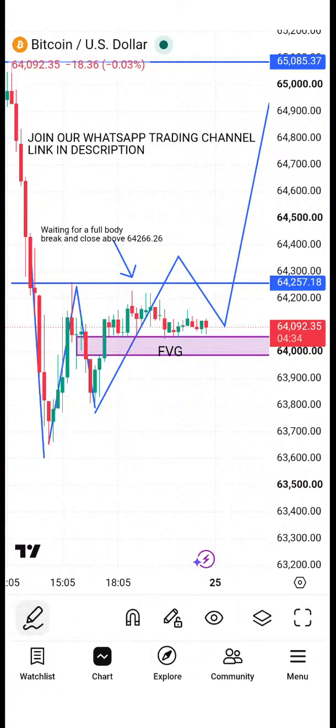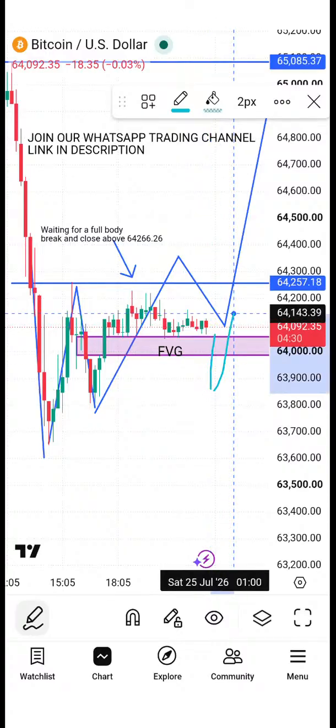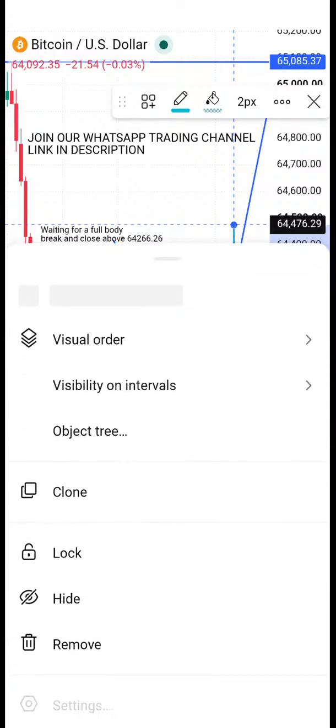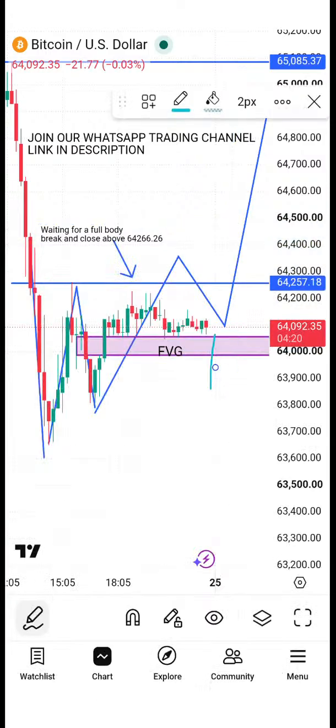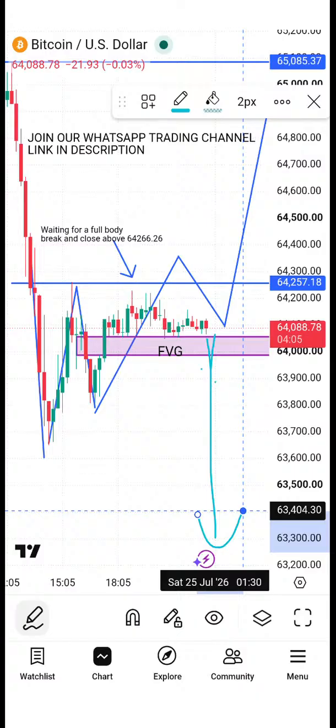Price can sweep liquidity, then push again towards the upside, or it can just shoot straight to the downside.